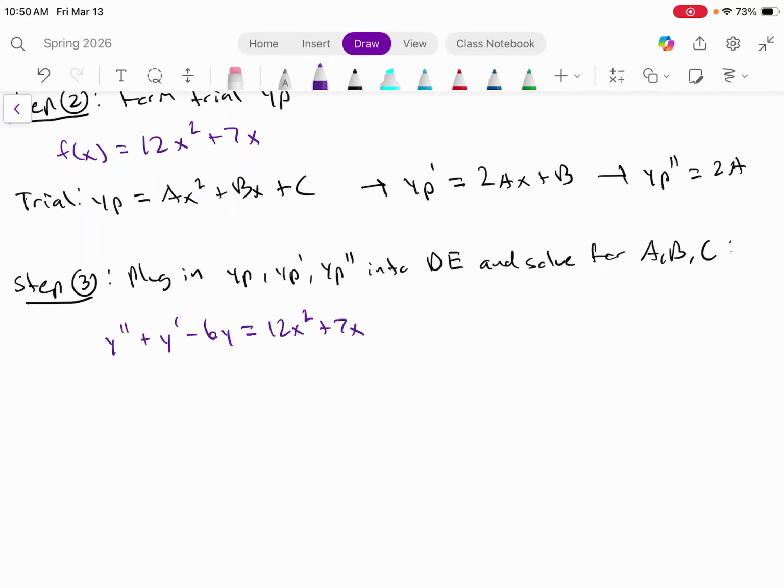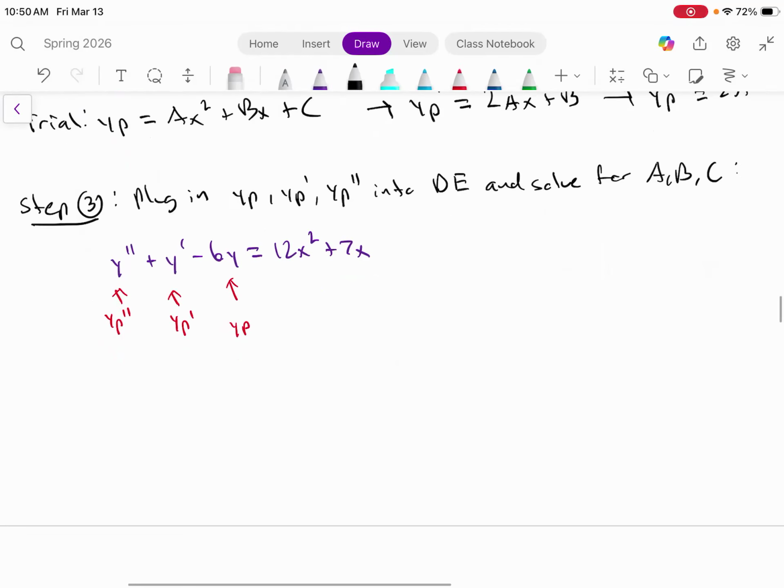So yp double prime goes there, yp prime goes there, and then yp goes there. So let's plug them in.